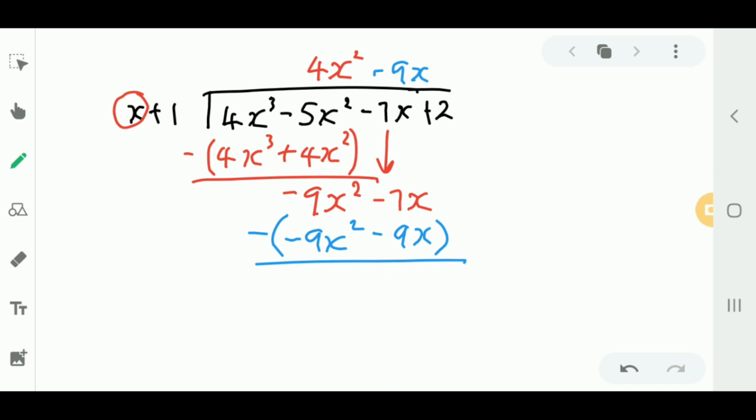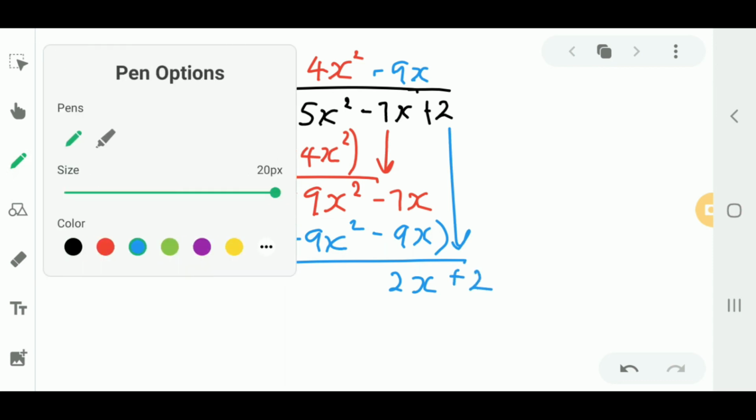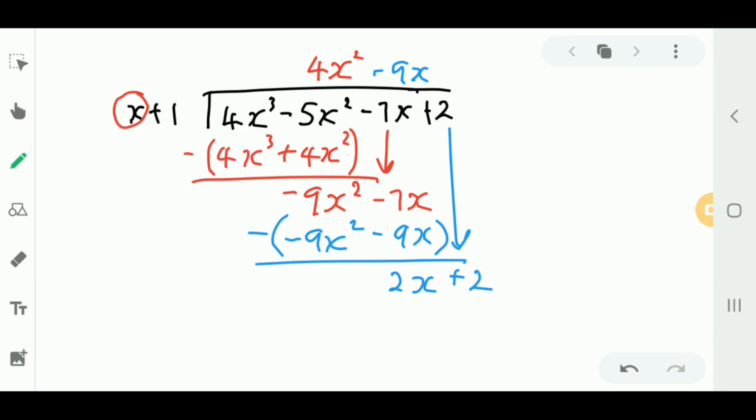Minus 7x minus minus 9x gives us positive 2x. And again, we carry down the plus 2. So now it is x into 2x, that gives us positive 2. So x times 2 gives us 2x, plus 1 times 2 is 2. And again, because it is a factor, your remainder here has to be 0.